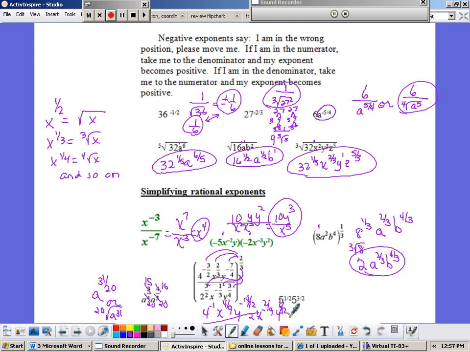So let me write that over here again so it's much easier to see. So I have 4 to the negative 1, x to the 4/9, y to the negative 14/12.